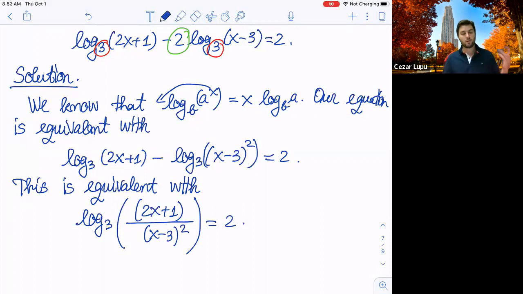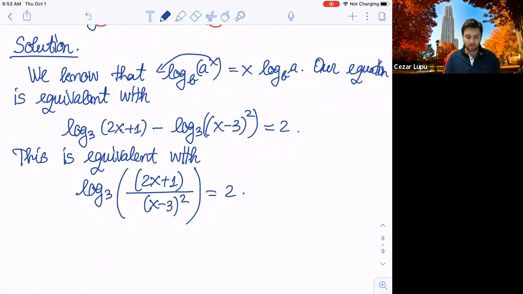Well, it's quite clear. We know that log in base b of x is y. So this means that this guy is 3 squared.